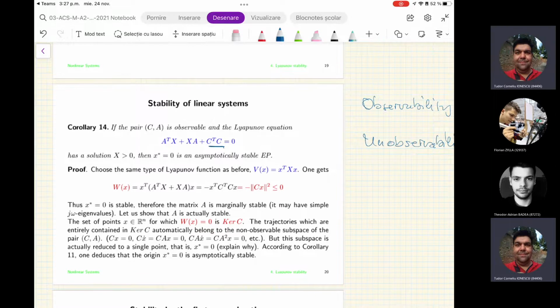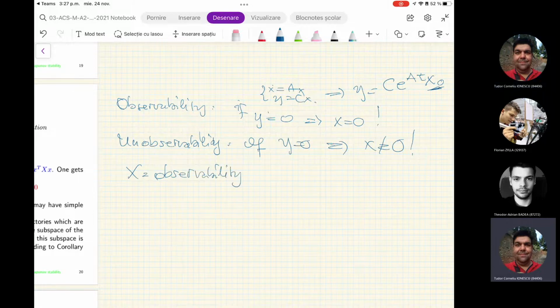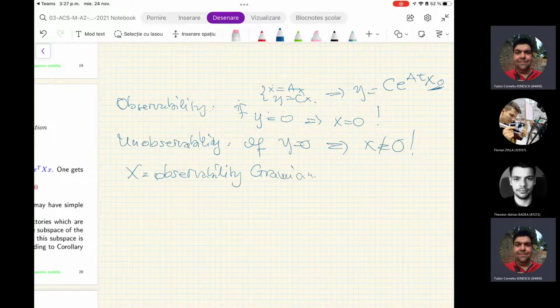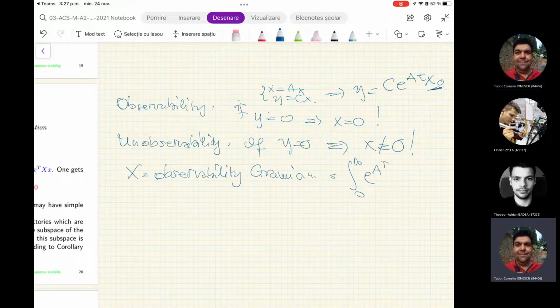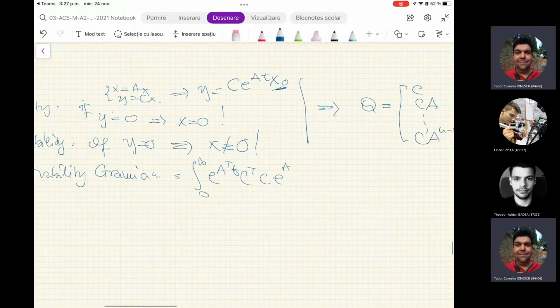This X is called the observability Gramian, and it's actually the integral from 0 to infinity of e to the power A transposed t, C transpose C, e to the power At, dt.